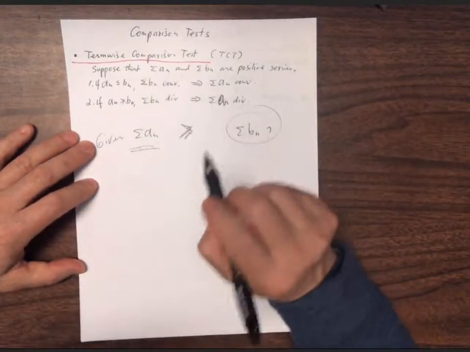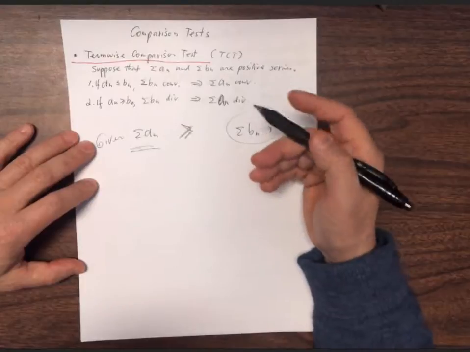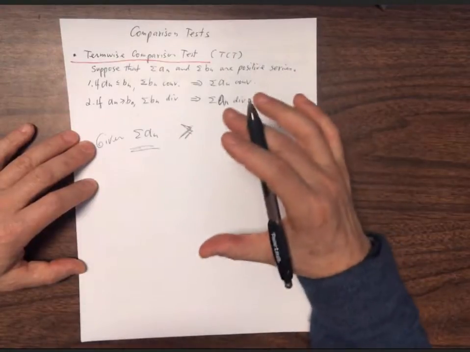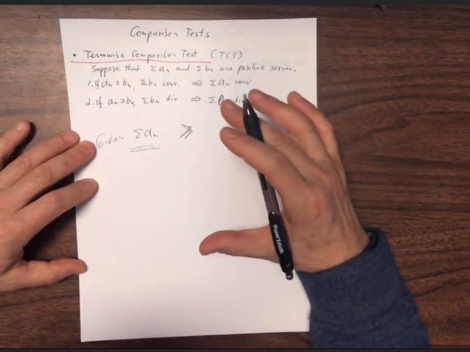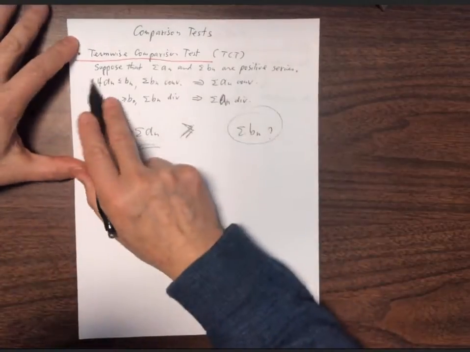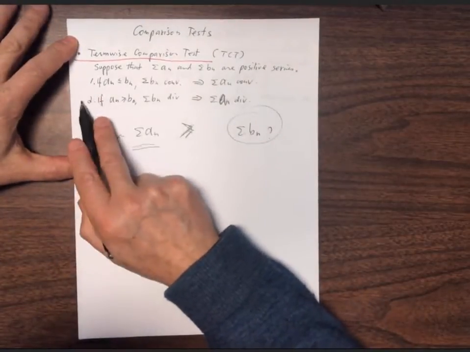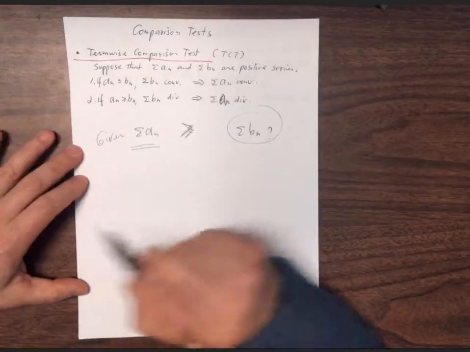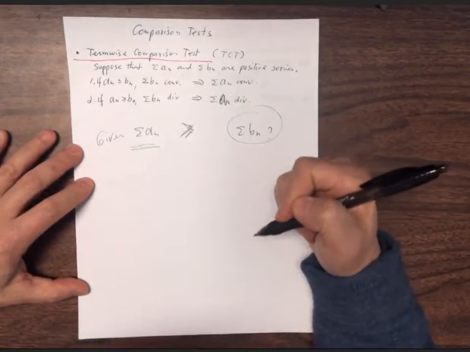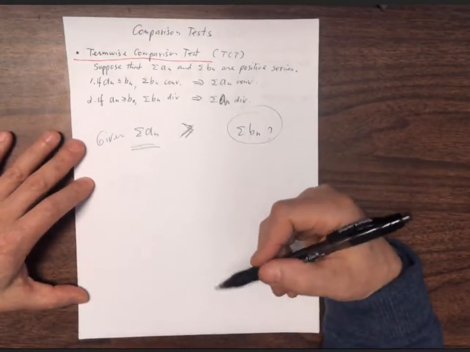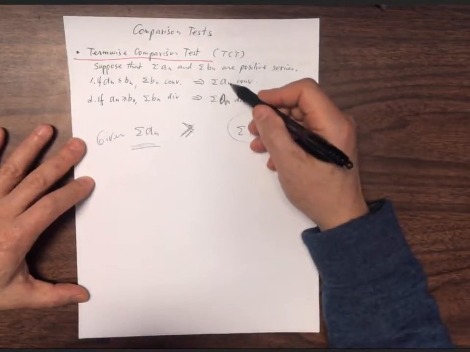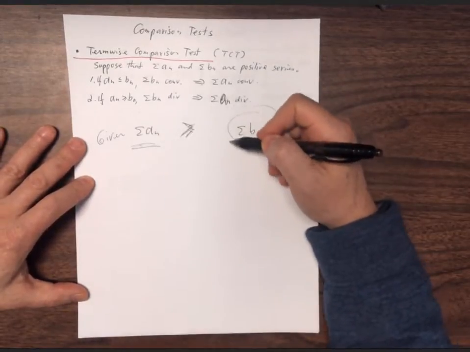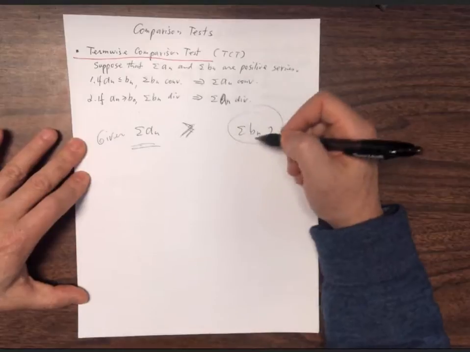Now, in order to actually apply this test, we have to have some idea which way we're going to go. Either we're going to try this, or we're going to try this. So it's important to roughly estimate the series for convergence, divergence first.